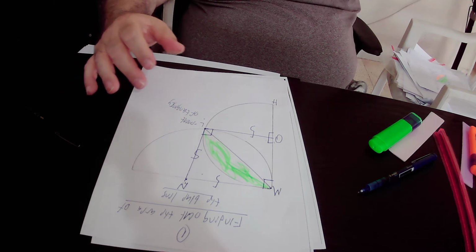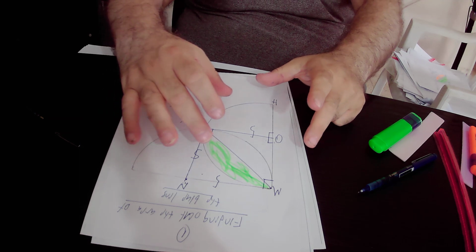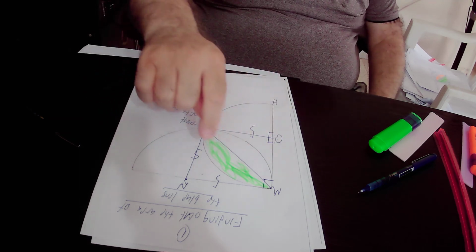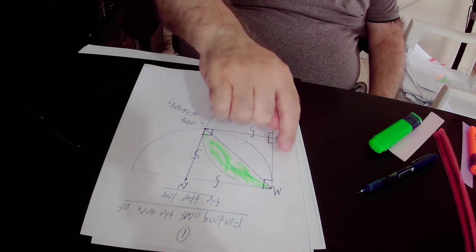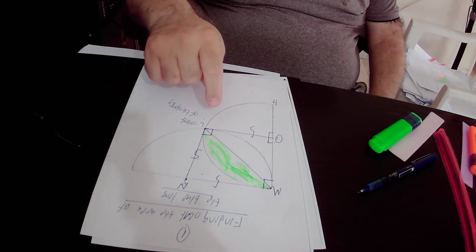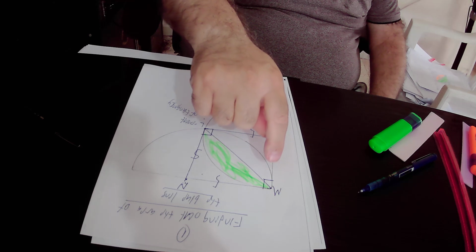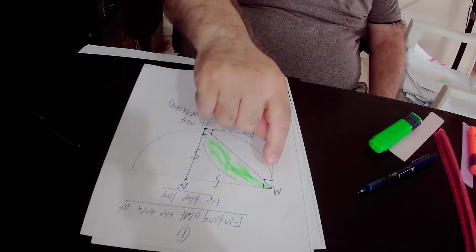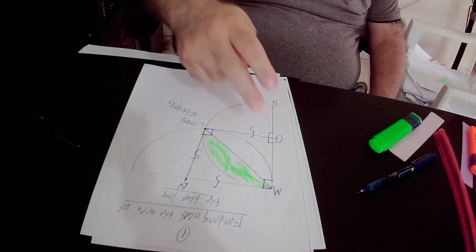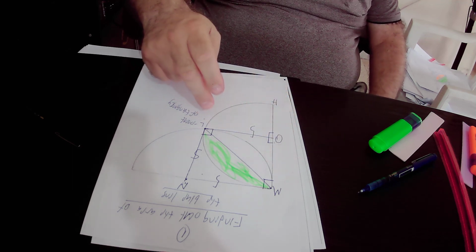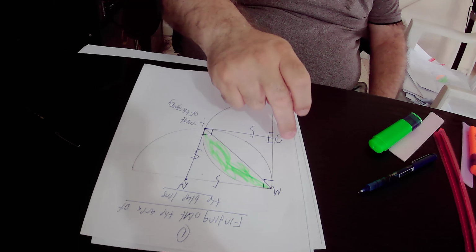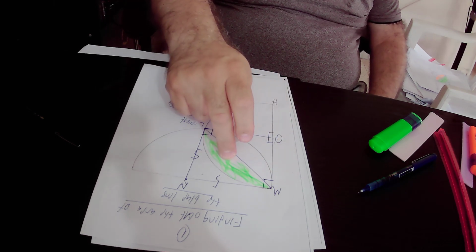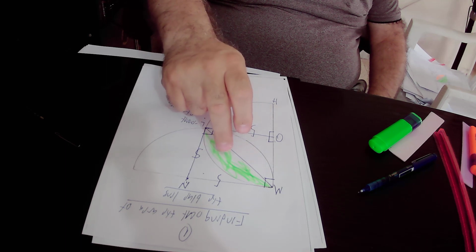For that reason, when they intersect with each other, it creates this lens, and when you join those 2 points together, you actually divide this lens into 2 equal circular segments.